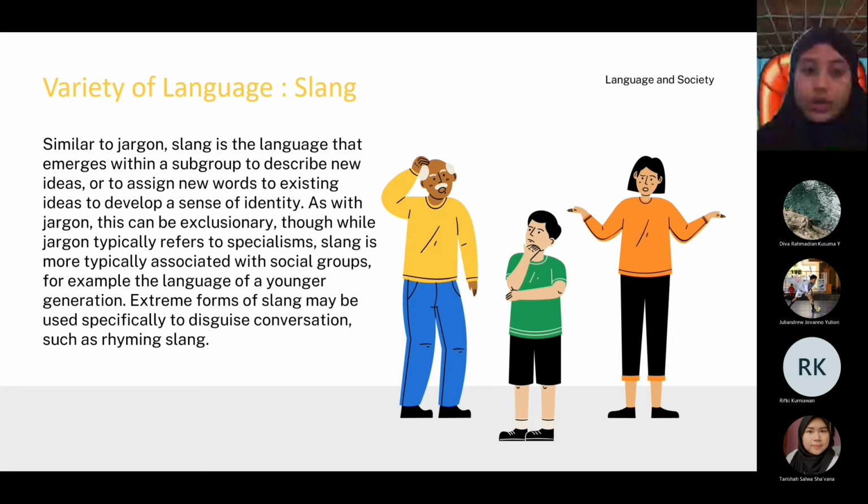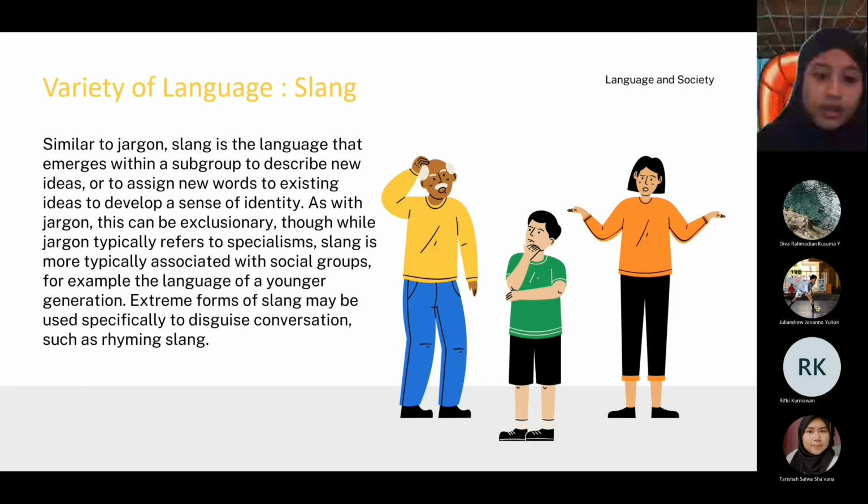Variety of language, slang. Similar to jargon, slang is the language that emerges within a subgroup to describe new ideas or to assign new words to existing ideas to develop a sense of identity. As with jargon, this can be dictionary.